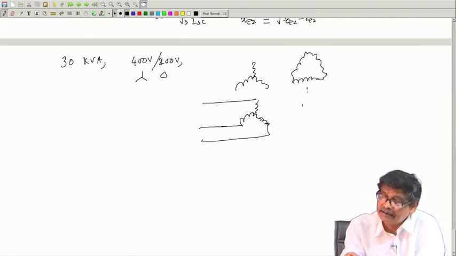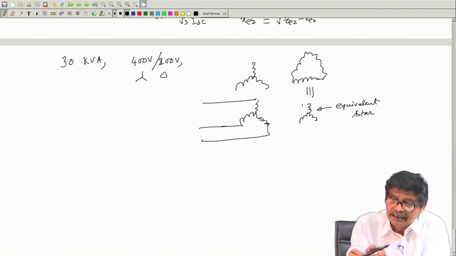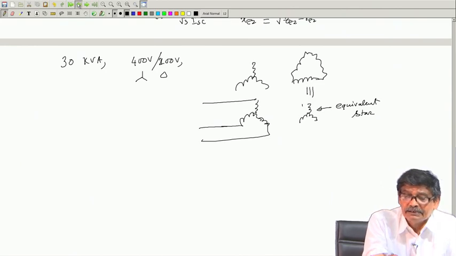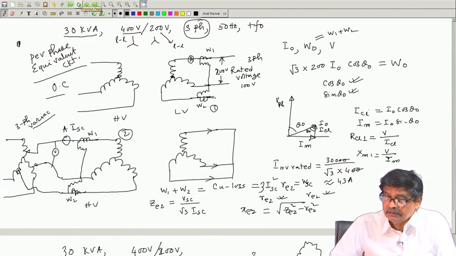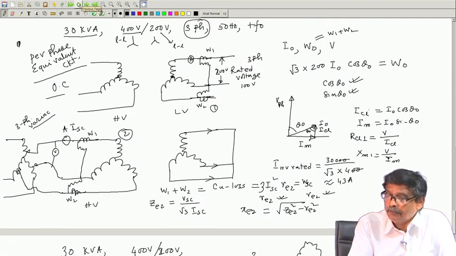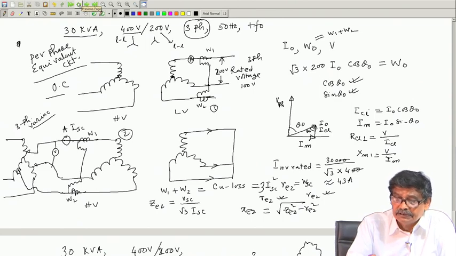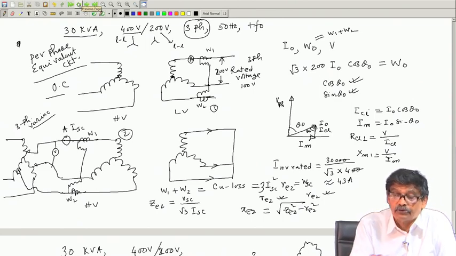You can consider this side to be some equivalent star, and then calculate the parameters in the same way, because what you are doing is measuring the total power drawn by that 3-phase connection, which is star shown here, during the no load test.